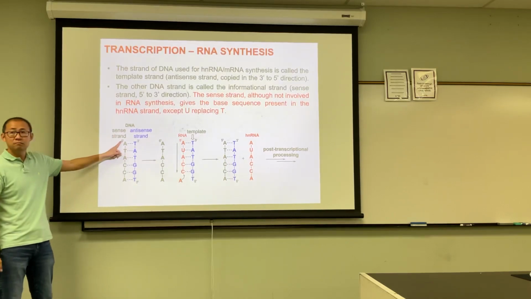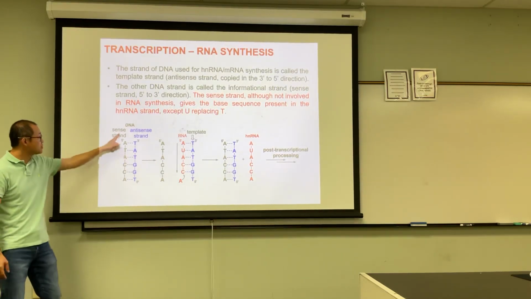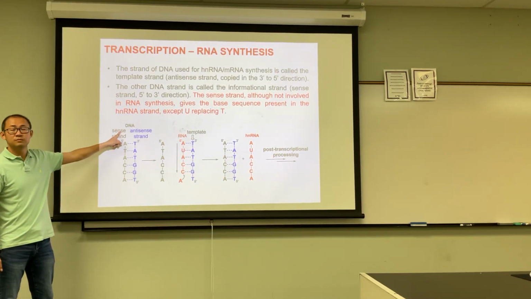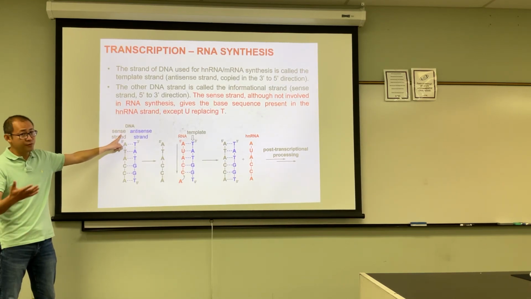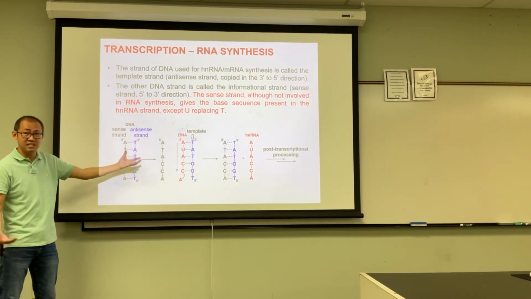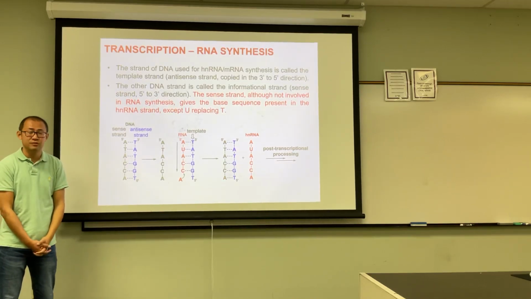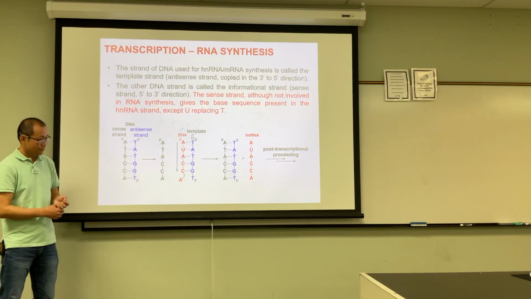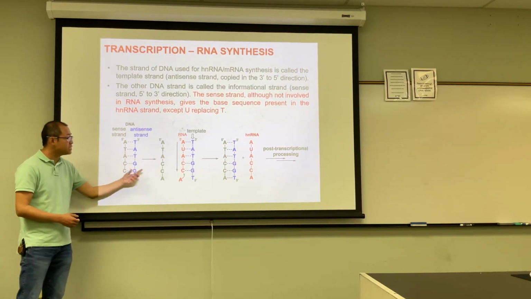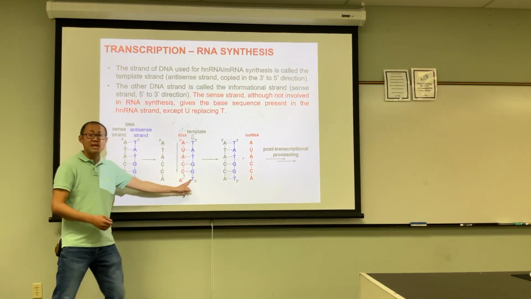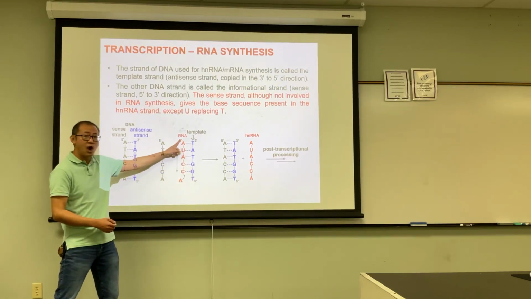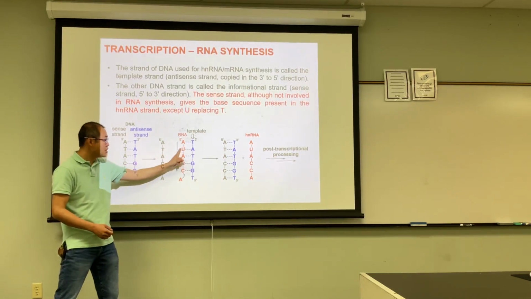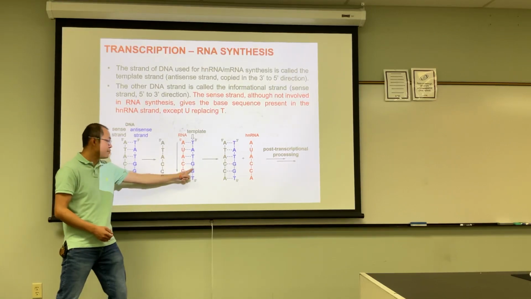The other strand, the informational strand, is sometimes called the sense strand. They're both used. Actually, sense and antisense is more common in scientific literature, but your book uses template and informational, either one. You can see that after the unwind, the antisense strand is the template, and you make an RNA: A pairs with U, T pairs with A, C pairs with G.